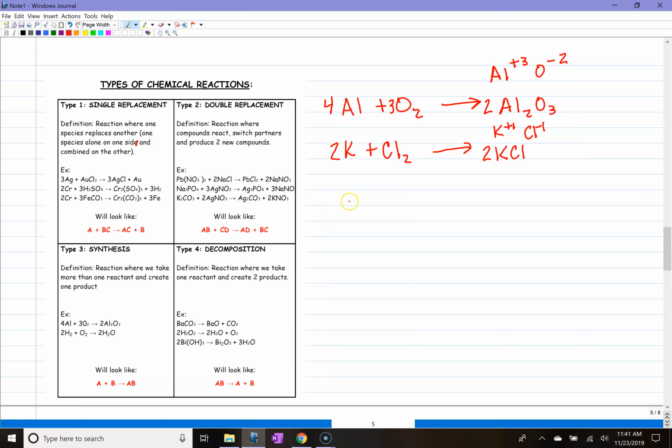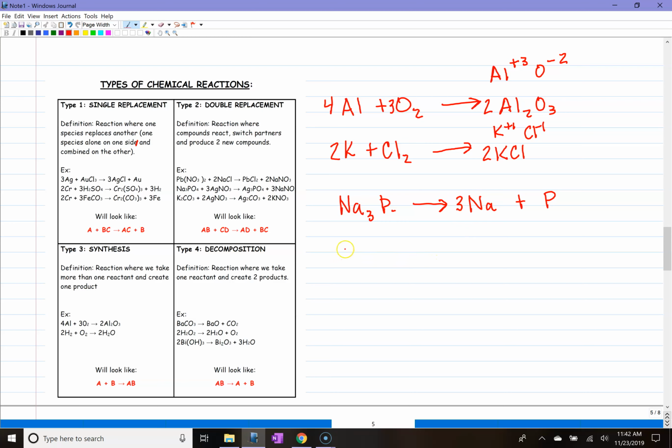So, if I have something like sodium phosphide, it's going to break down into sodium and phosphorus. I need to look at the 2 individual elements that I'm writing, ask myself, are either one of them diatomic? And they're not. So I can just go on to balancing and put a 3.